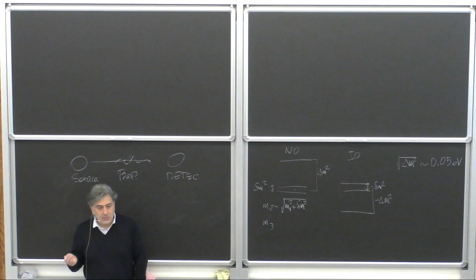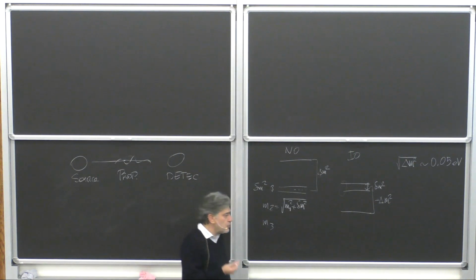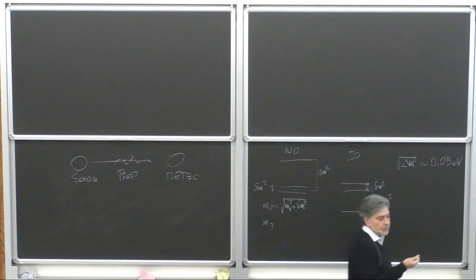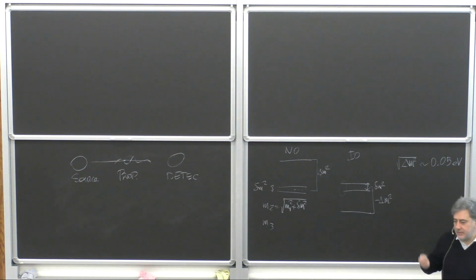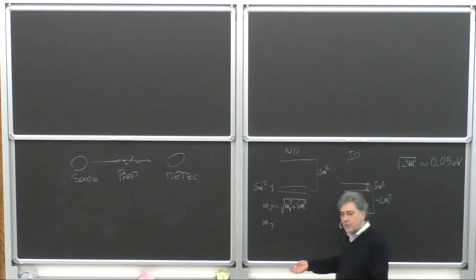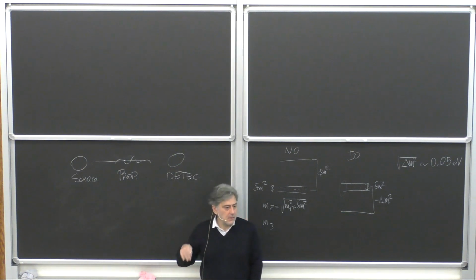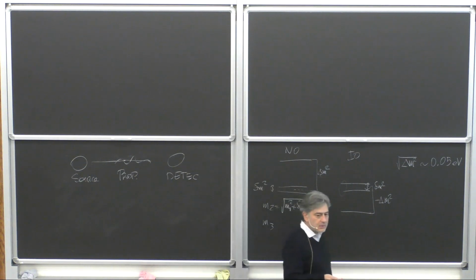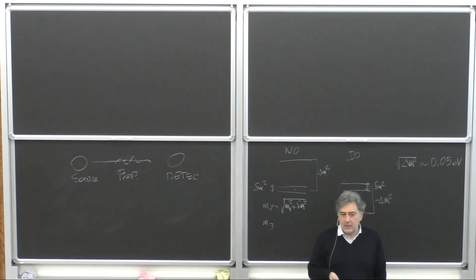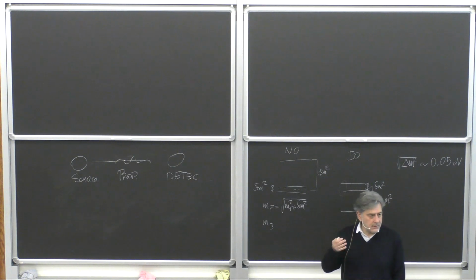On the other side, the future, I don't know, in the next 10 years, or tomorrow, a galactic supernova explosion certainly will give, in the current experiments, thousands of events, electron neutrino, antineutrino, and so on.